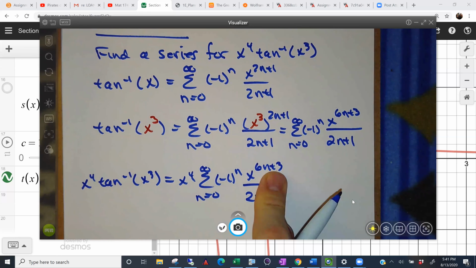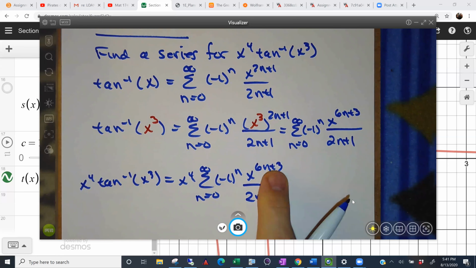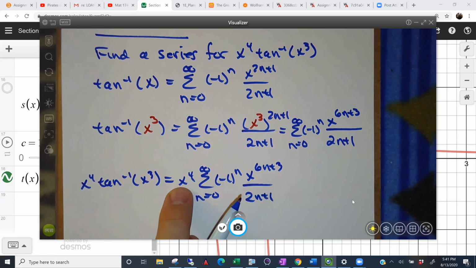This can just come into the summation and directly multiply this. When you multiply things with the same base, you add their exponents. -1 to the n, x to the 6n plus, well, 4 plus 3 is 7.